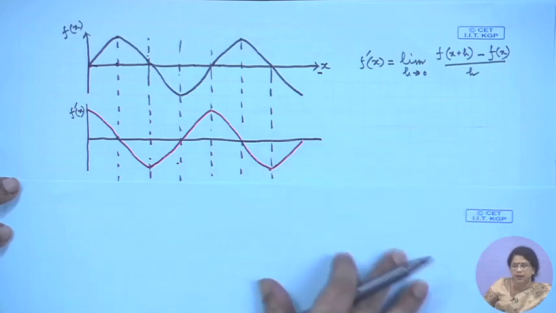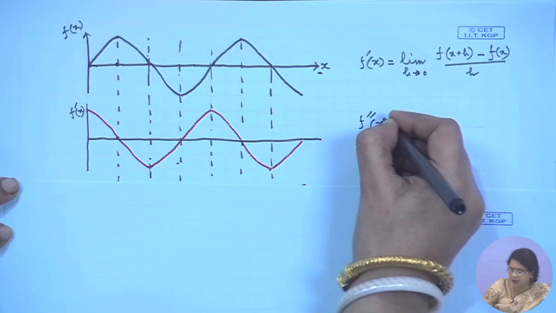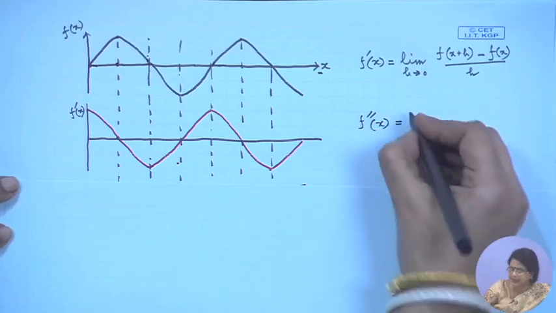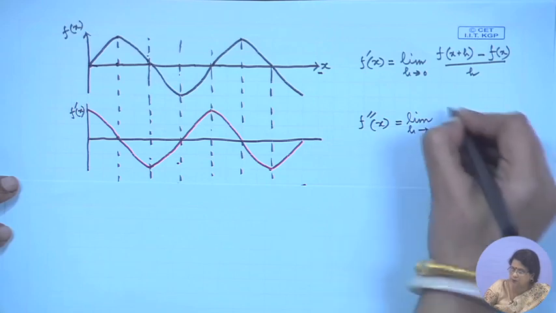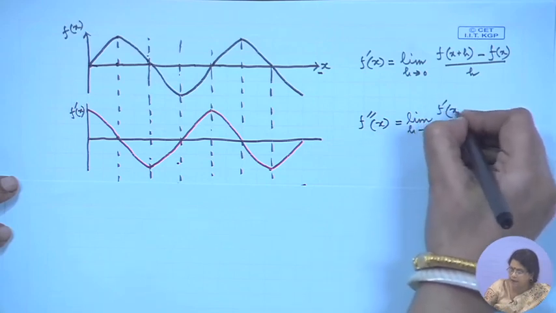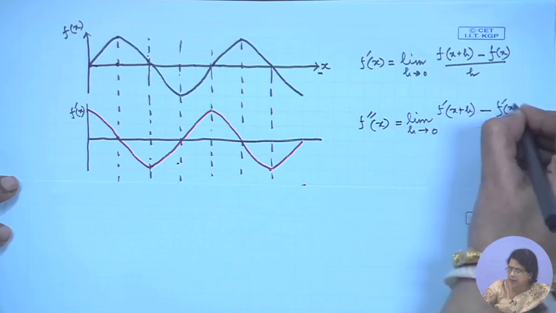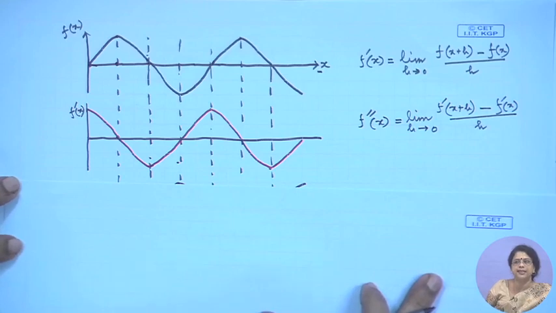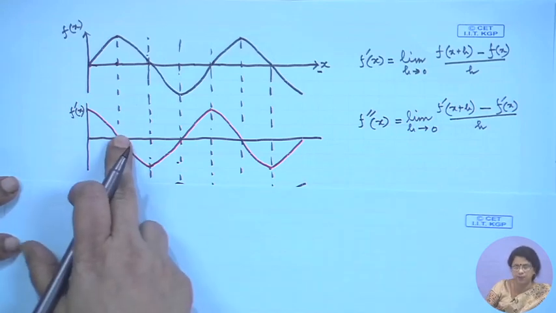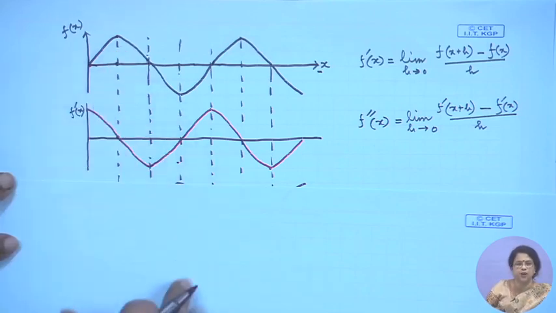Alright. Now, let us consider the next derivative, f double prime x. What is that? This is the limit as h tends to 0 of f prime(x plus h) minus f prime(x), divided by h. That means we are taking the first order derivative of f prime, that is the second order derivative of the original function.